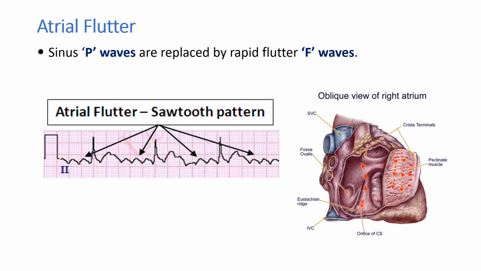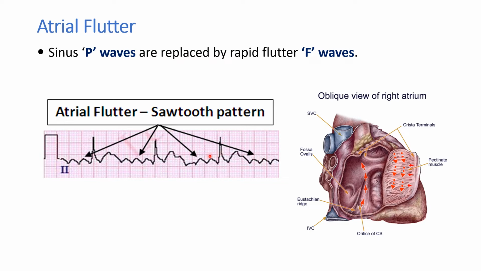More often, this electrical impulse travels in a counterclockwise direction. In atrial flutter, electrical impulses circulate much faster than normal around the atria. It may be 250 to 350 beats per minute, so atrial conduction is much faster than it should be. To control the heart rate, the AV node often blocks some of these impulses.